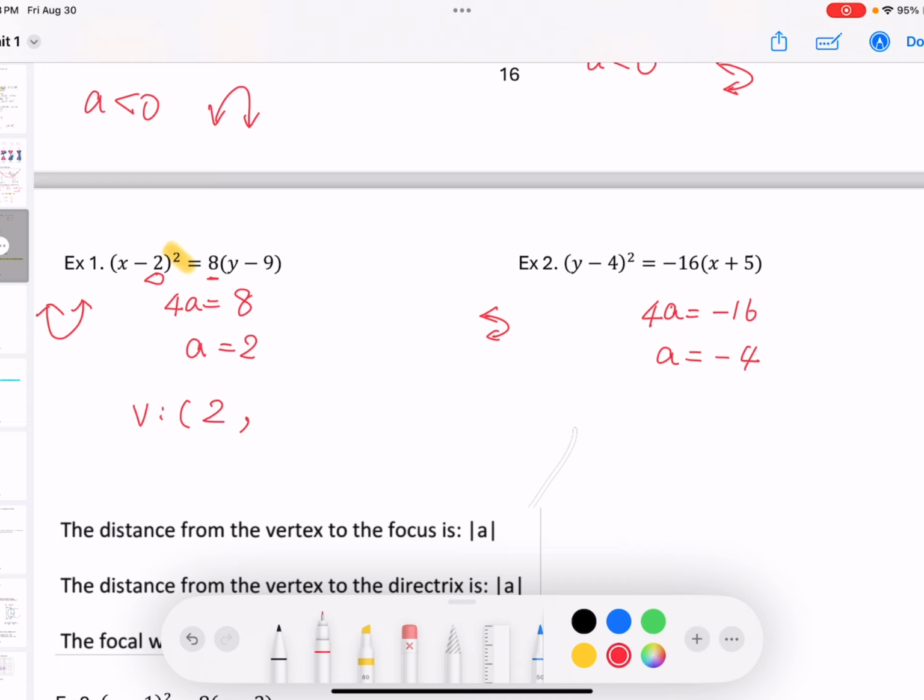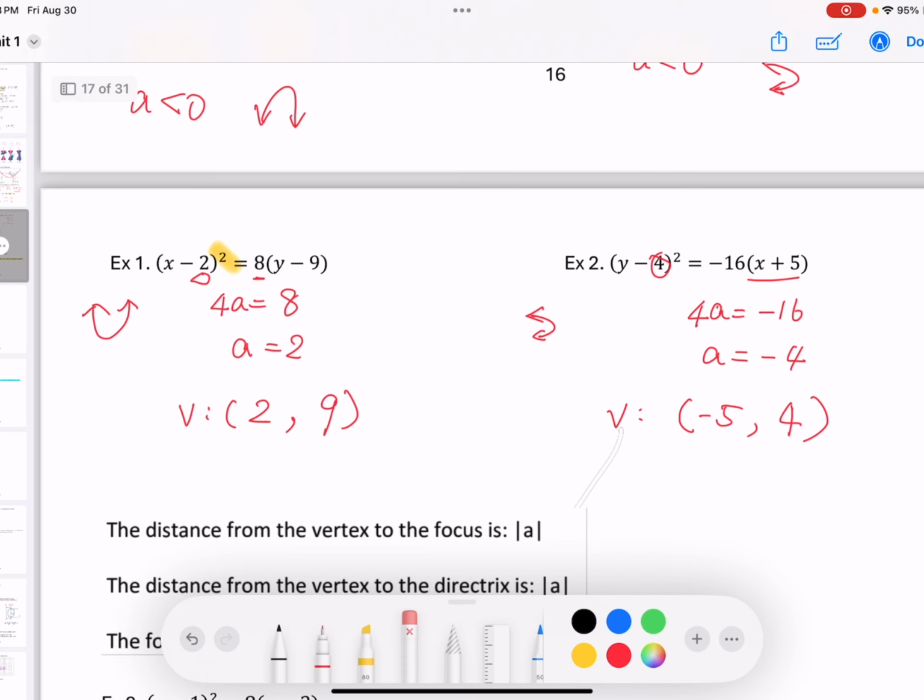And y minus 9 in the parentheses, so k is equal to positive 9. And the vertex for example 2, starting from the x part, x plus 5, then the x coordinate is negative 5. And the y value is minus 4, positive 4. So the vertex is negative 5, positive 4.